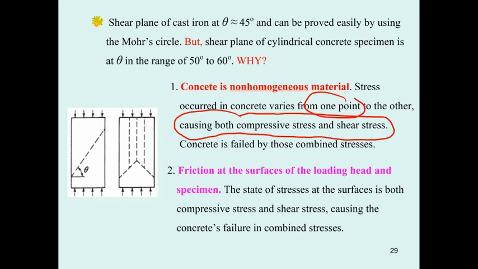Not only the compressive stress, there is shear stress also, and the friction at the head of the specimen is also one main thing that causes the failure of this kind of cylinder concrete.